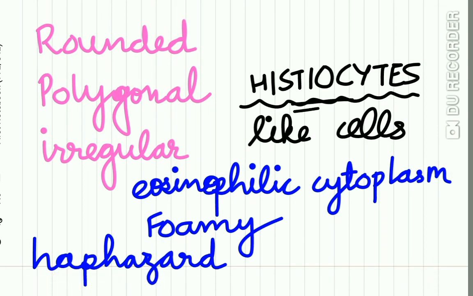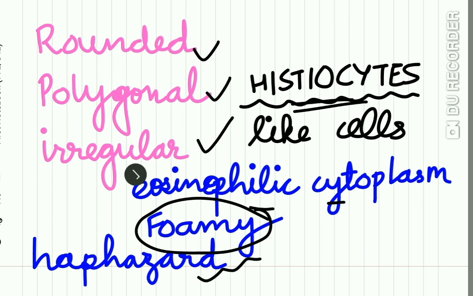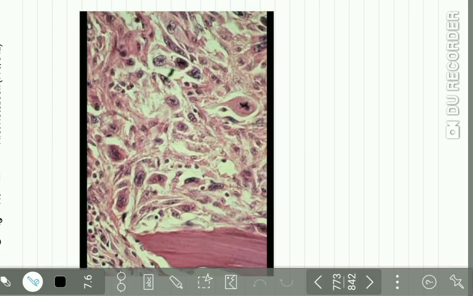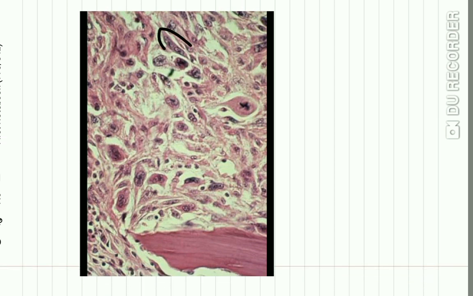Now, the histiocyte-like cells are rounded, polygonal or irregularly shaped with eosinophilic cytoplasm and a foamy nucleus, and these cells are haphazardly arranged. Here you can see under higher magnification the spindle-shaped fibroblast cells with the characteristic nuclear atypia and hyperchromatism, while here you can see a few more cells with foamy cytoplasm.